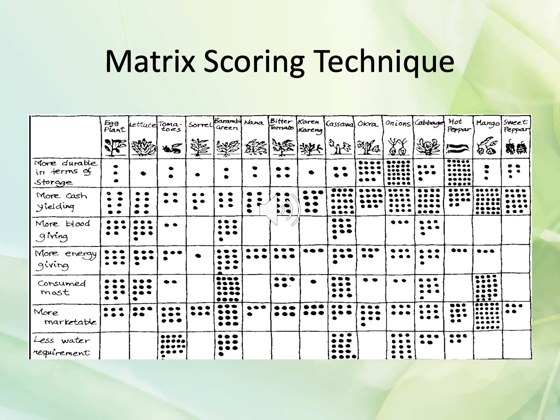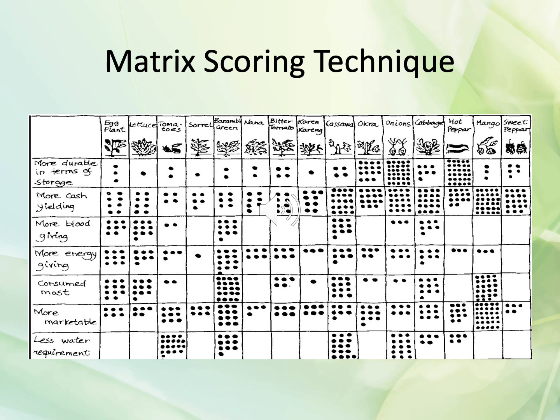Take more durable in terms of storage. If we look into eggplant, it is not so much. Lettuce, not so much. And mango, again not so much, but hot pepper is really very good and more durable in terms of storage.